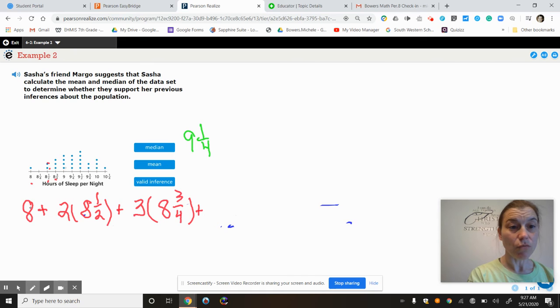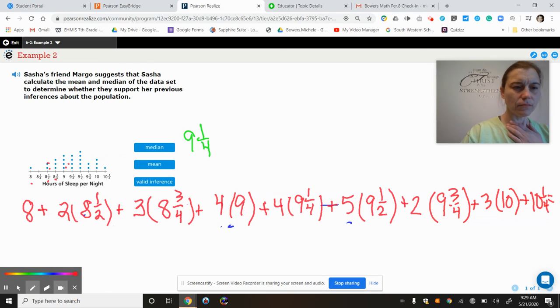There are 1, 2, 3, 4 dots for 9. And I keep doing that until I have the entire list of the data and the number for each one in the data set. So then I would add all this up and I would get an answer.